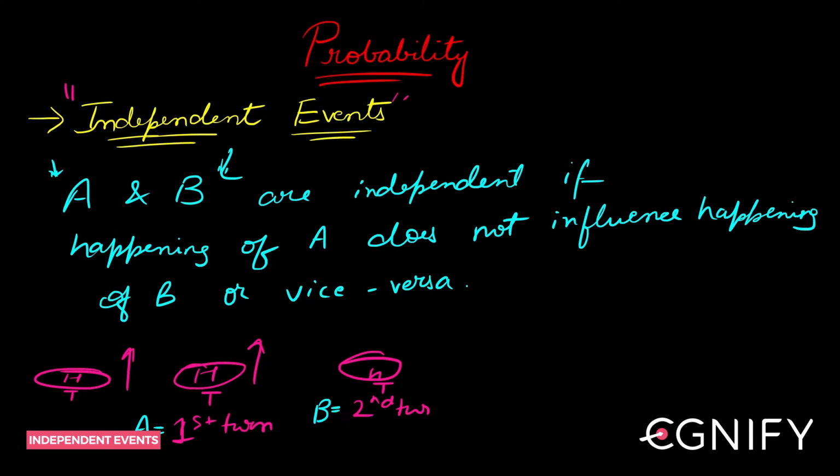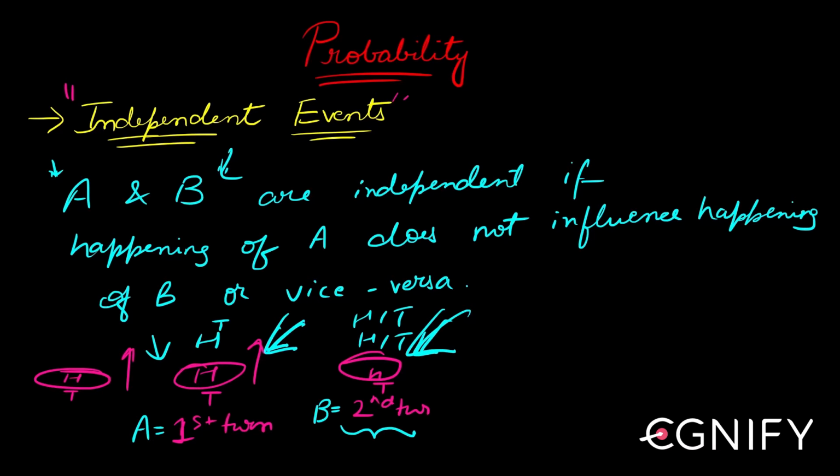B is the event of getting a head or a tail in the second attempt. Does what you got in the second attempt have anything to do with what you got in the first attempt? You might get a head here, and you might once again get a head or a tail. You might get a tail here, and you might once again get a head or a tail. What you get here is completely independent of what happened here. Once you get a value here, you can still get anything here. So such events, where B doesn't depend on A, are called independent events.